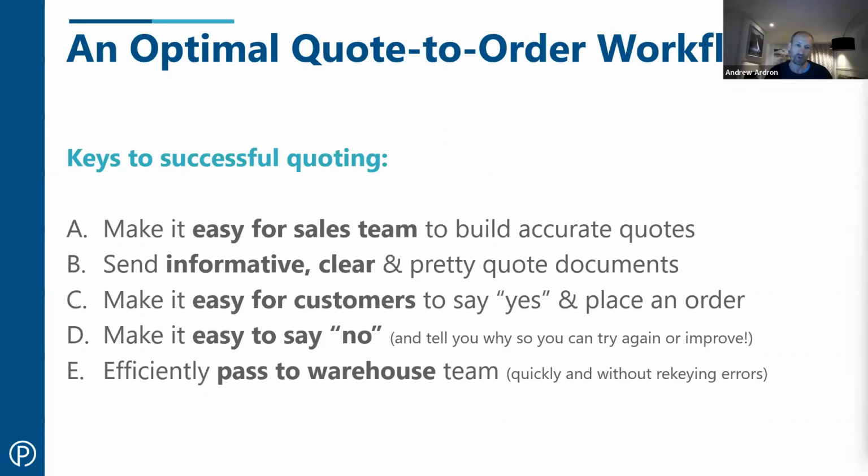Customers don't want to be told that their order is going to take 3 days to arrive because you've only just processed it 2 days later. They've pressed yes to send you the order. They want to know it's being processed immediately and they're going to get the goods as quickly as possible. So those are some of the things that we're going to be trying to achieve as we set up this quote to order workflow. And you'll see that we'll step through this in stages as we go.